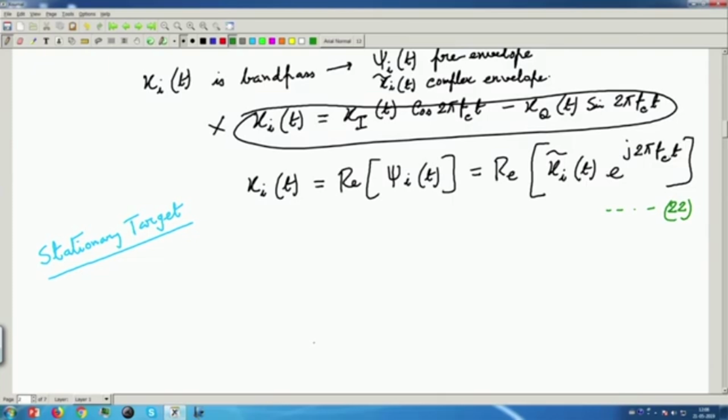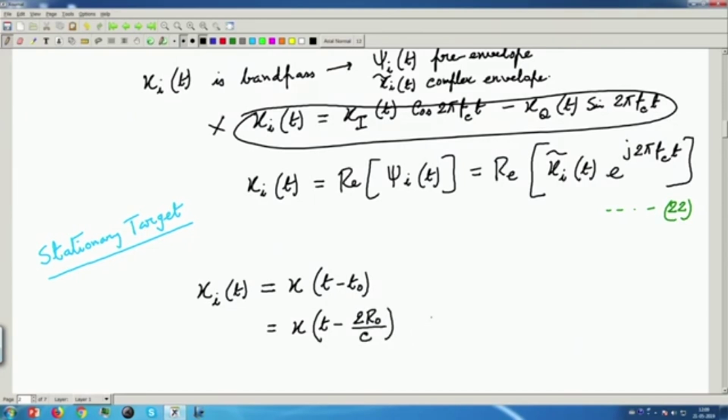Okay. So, for stationary target, I come back. So, what is the received echo? x_r(t) for stationary target, that is nothing but x(t minus t 0), and that we can also write, what is t 0, that we know, t minus 2 R 0 by c. Okay.